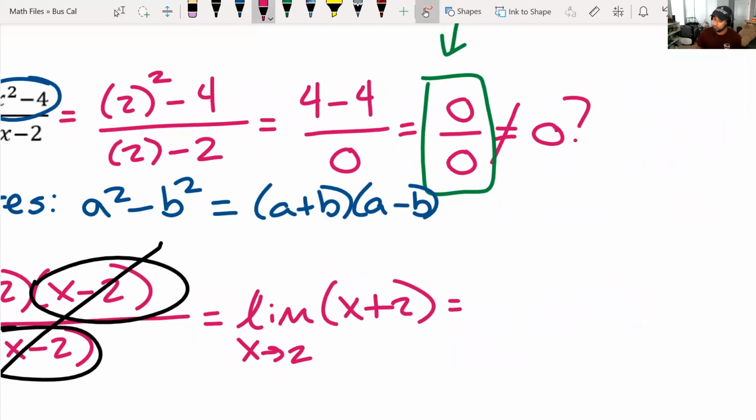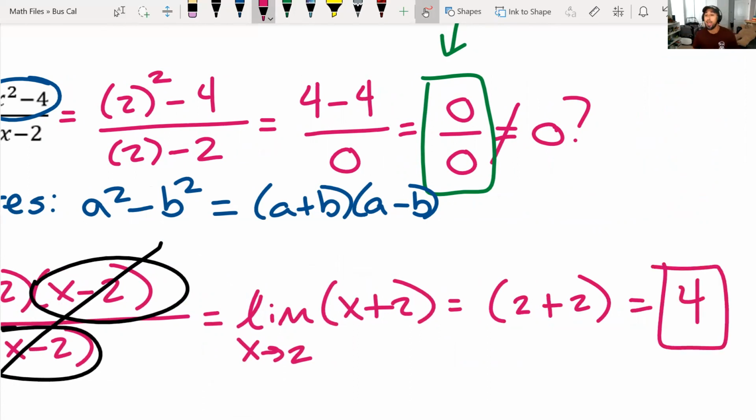If we plug in 2, you'll get 2 plus 2, which will give us 4. And this answer is definitely way different from that answer of 0 over 0.